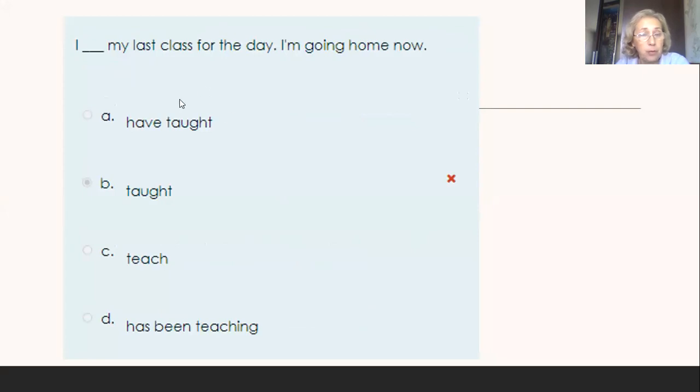If we speak about the result, about an action which has finished up to some time in the present, we need to use the present perfect. That is why we need to use I have taught my last class. So this is A variant.